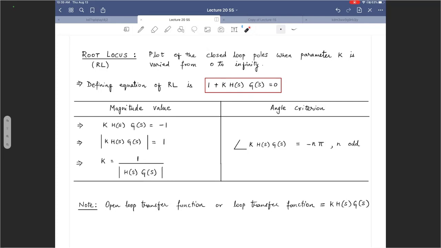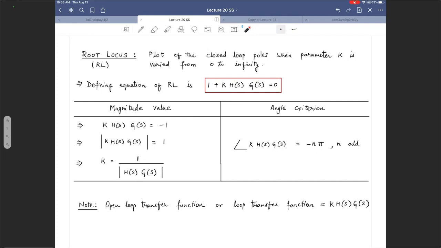Now, that's the magnitude evaluation, but we can also evaluate this characteristic equation going to 0 using the angle criteria. Simply that means that k h of s times g of s should be -1, and I can get to -1 with an angle such that the angle of k h of s g of s should be negative n times pi, where n is an odd integer, right?